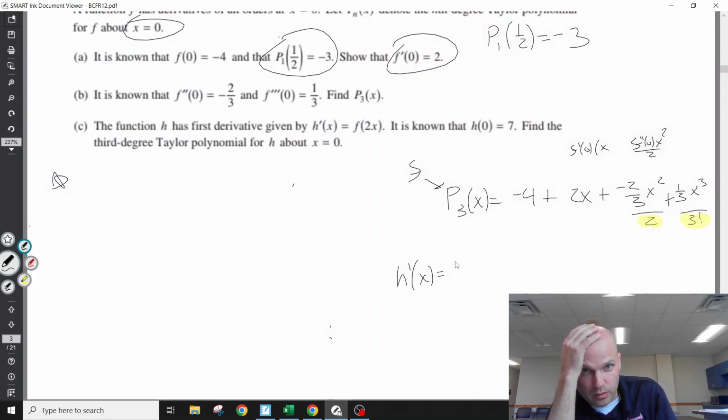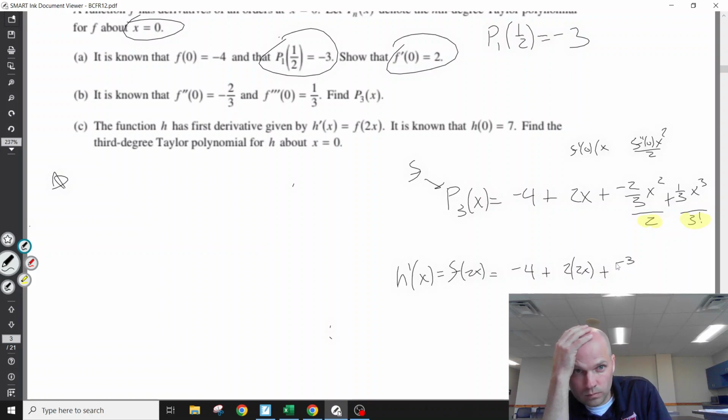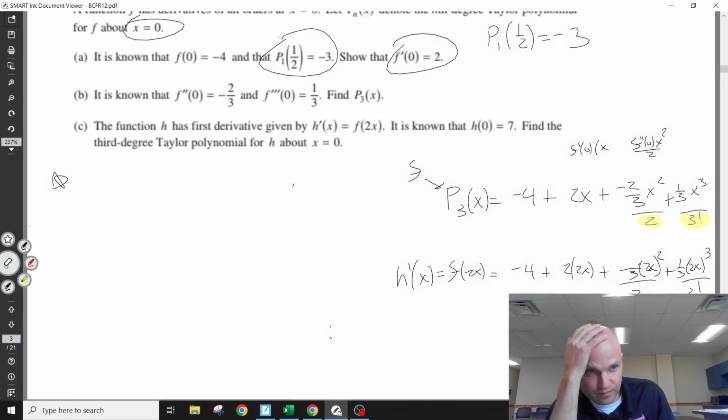H prime is going to be equal to f of 2x. Here is f of 2x. I'm composing. I told you before, composing, important. And simple to do, as long as you don't try to simplify.